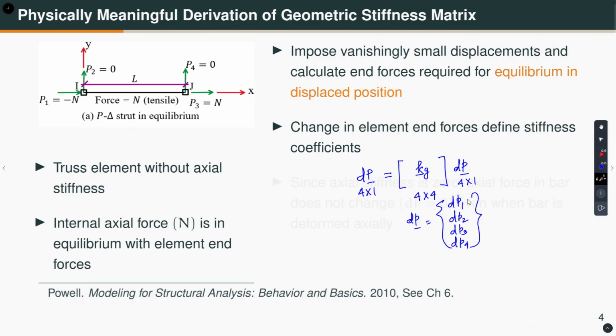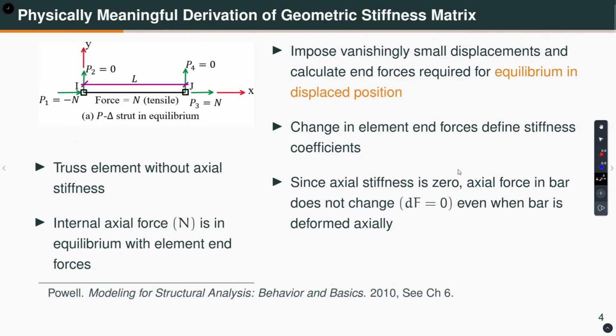If I impose only dp1 and keep all the other 3 at 0, I will get some forces. Those forces will be the first column of my stiffness matrix. Similarly, I will impose dp2 as some non-zero value, while keeping the other 3 at 0, and I will get the second column. Similarly, dp3 non-zero, dp1, 2 and 4 zero, and I will get the third column, and similarly the last column.